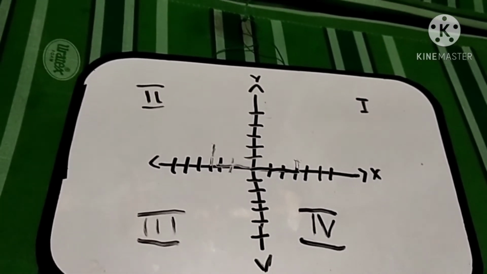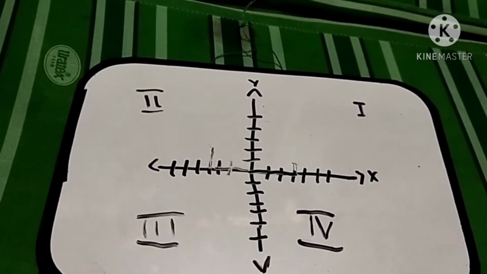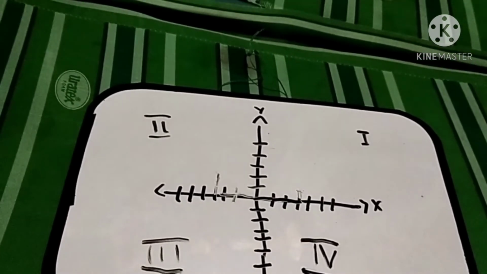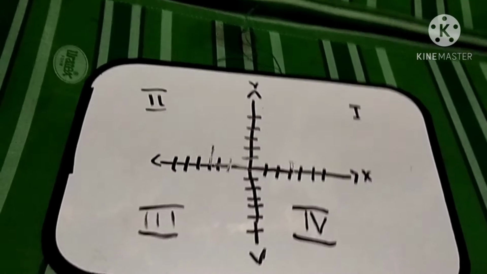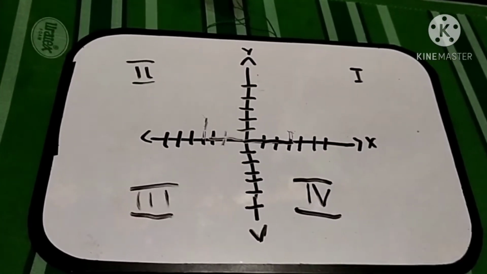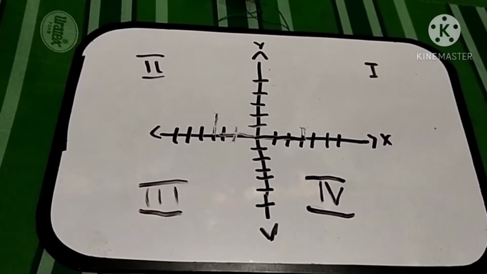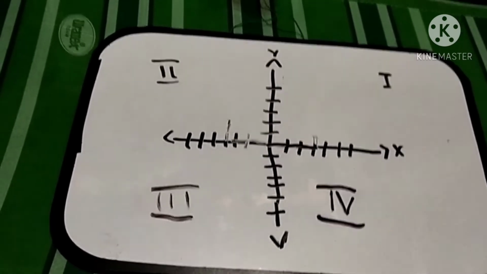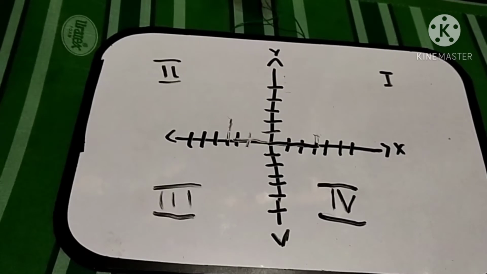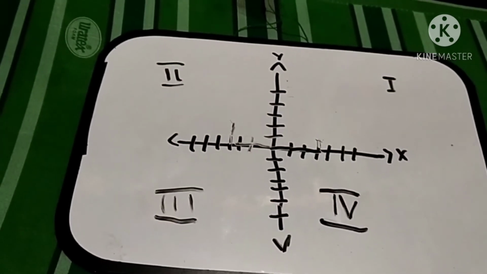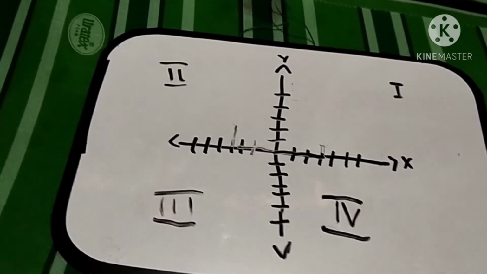Quadrant 2 represents an ordered pair in which x is negative and y is positive. Quadrant 3 represents an ordered pair in which all numbers are negative. And quadrant 4 represents x positive and y negative.